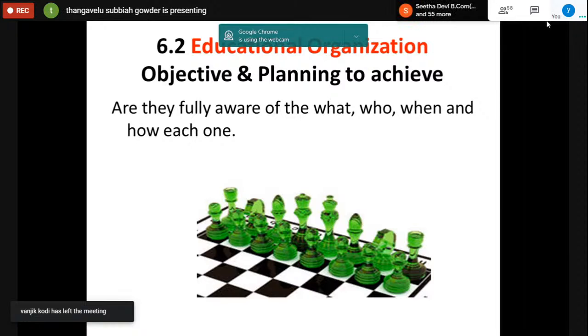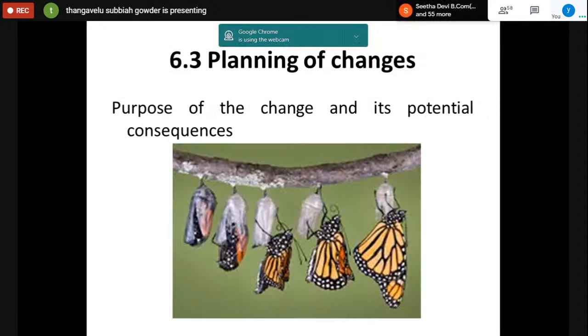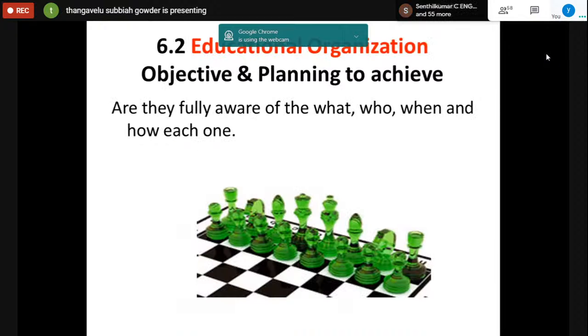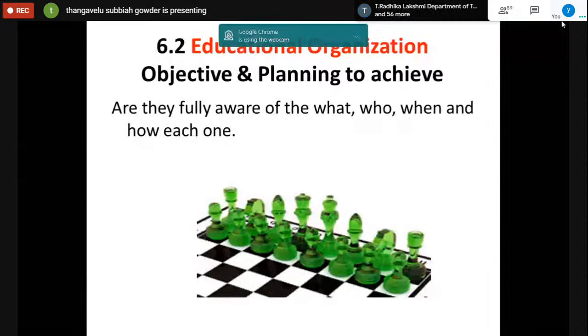For example, teaching. What is the pass percentage? If pass percentage is 90%, the next objective can be how far we are able to meet the teaching plan versus actual. The plan is more than 90%.